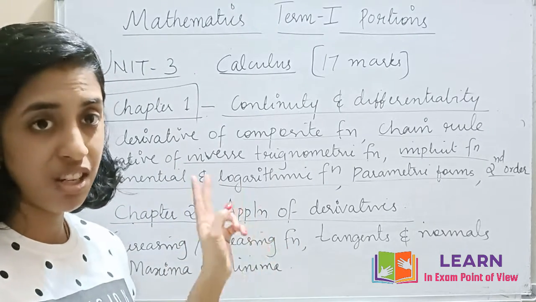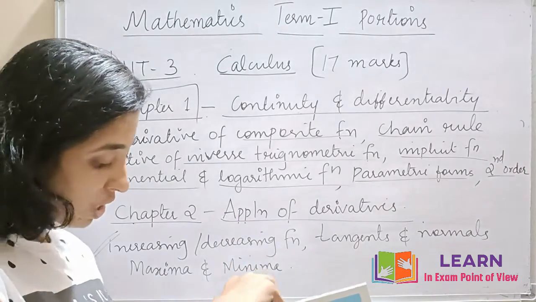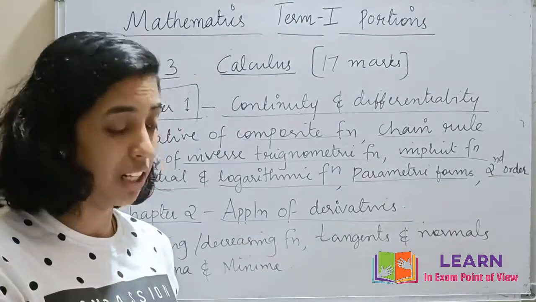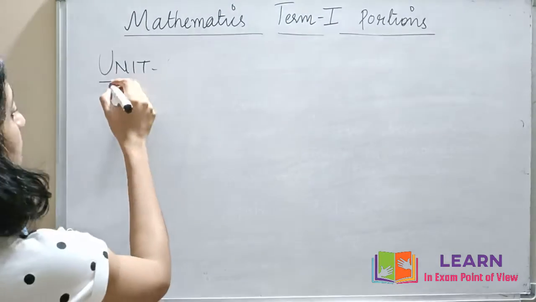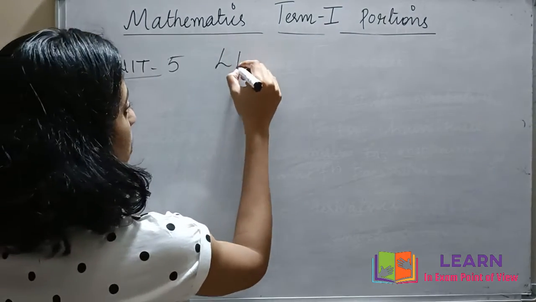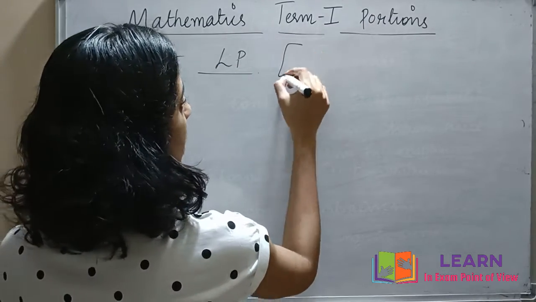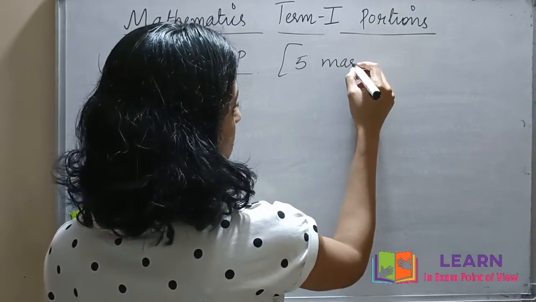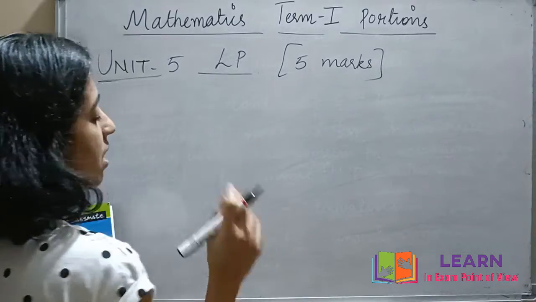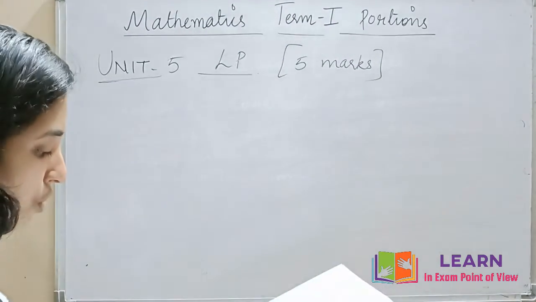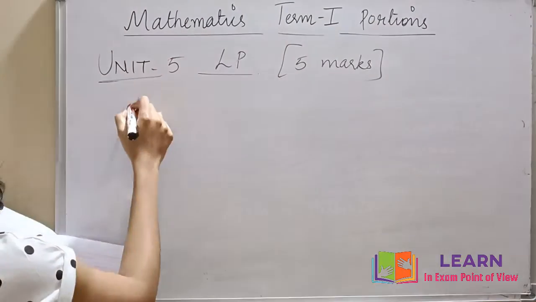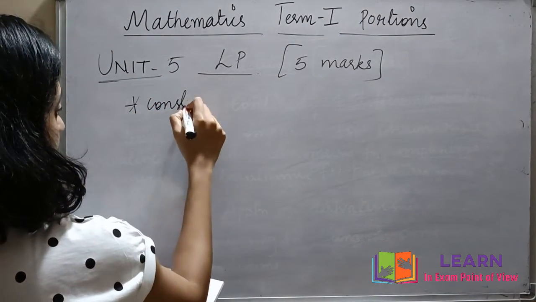Fine. So the last unit is unit 5, linear programming. It's simple. Linear programming carries only 5 marks, and it is an easy chapter also. There are a few things you should know in this chapter, that is constraints.